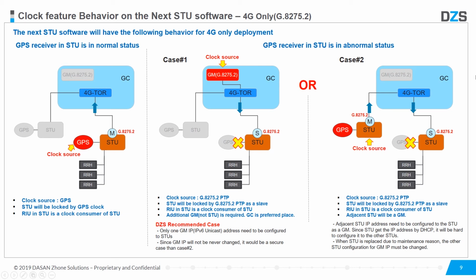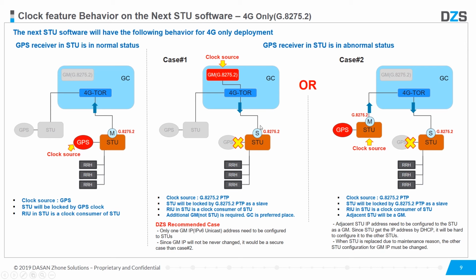On the right, there are two cases in which the GPS connected to the STU cannot be used. In the first case, when the GPS connected to the STU cannot be used, the STU is locked by receiving a clock source from the Grandmaster installed on the GC side or CDC.